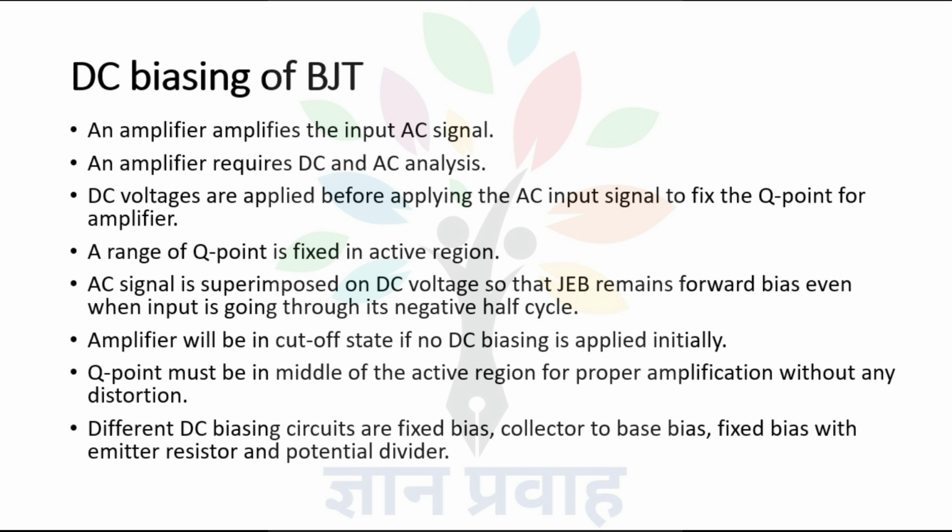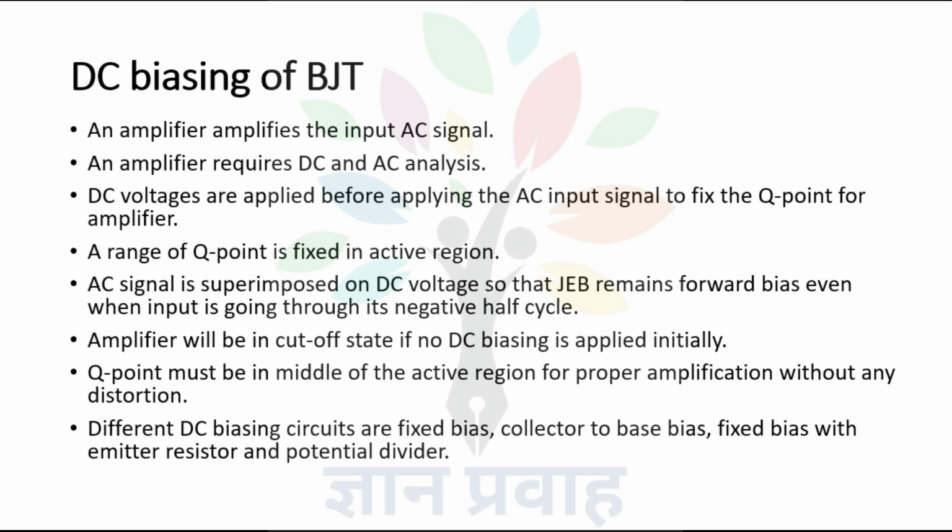So the Q point is fixed and stable by applying a DC bias before any input signal. If we do not bias the transistor before the input signal, then at the start it will operate in the cutoff region, which means we will not get the proper desired output.